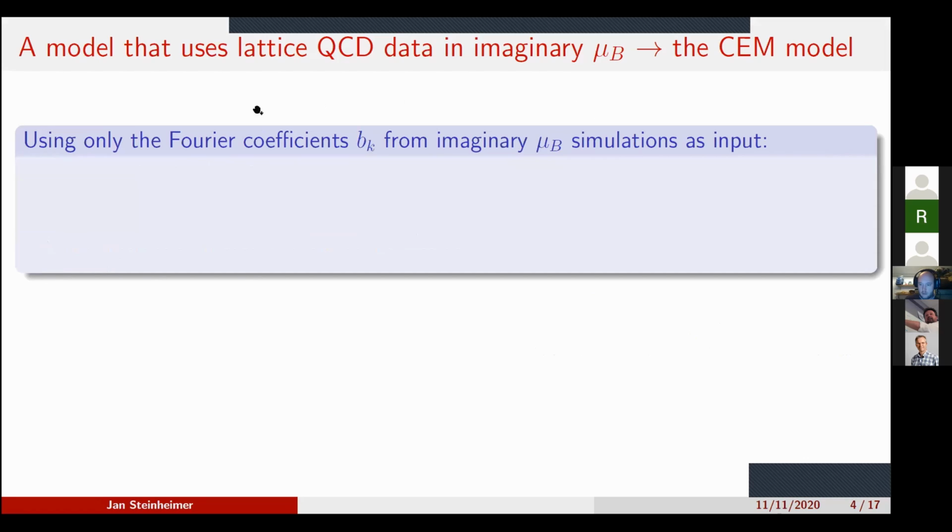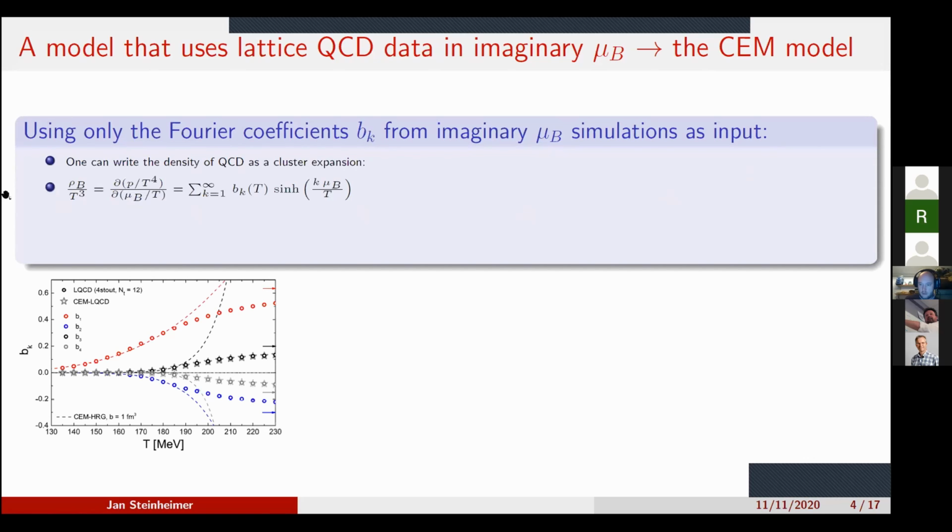One thing we looked at some time ago already is, how can we use these lattice data to go into the finite density range? One approach would be to use the Fourier coefficients from imaginary mu simulations as input, because as you know, you can do lattice simulations at imaginary chemical potentials, but not at real ones. But if you use them, you can connect both worlds.